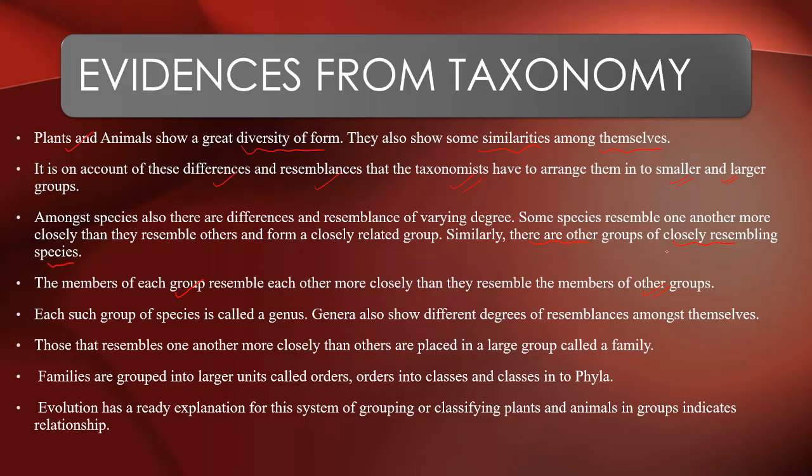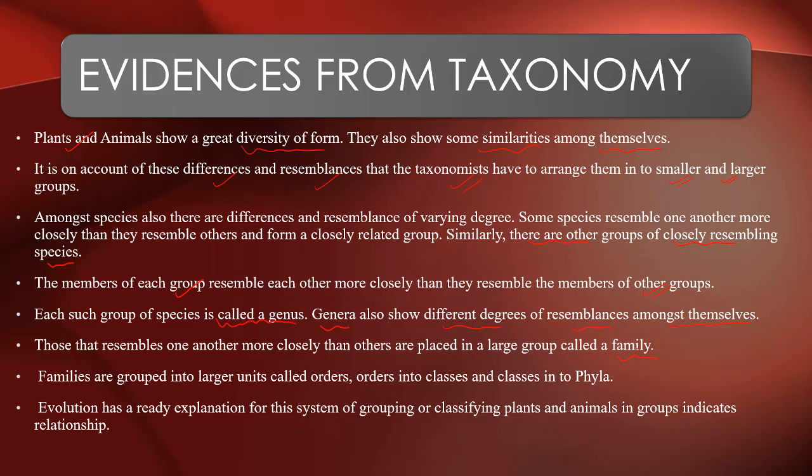That is what they are trying to say: members of each group resemble each other more closely than they resemble the members of other groups. Each such group of species is called a genus. Very good. Genera also show different degrees of resemblance among themselves. Those that resemble one another more closely than the others are placed in a larger group called a family. That is what I was explaining.